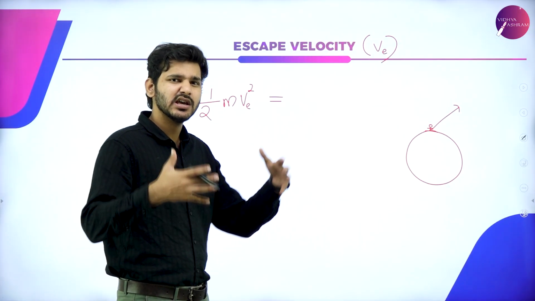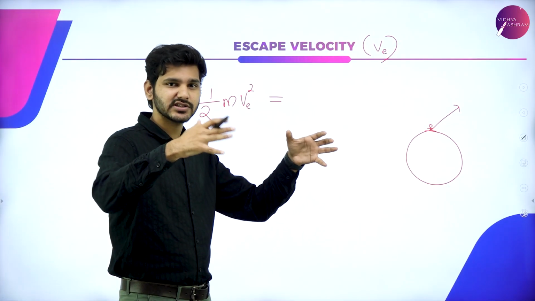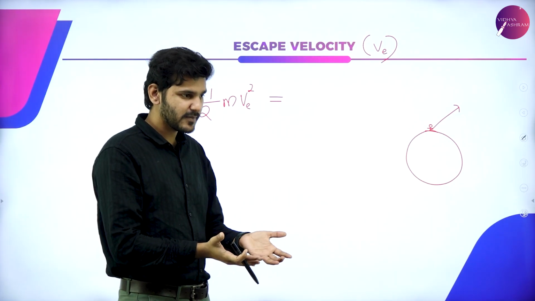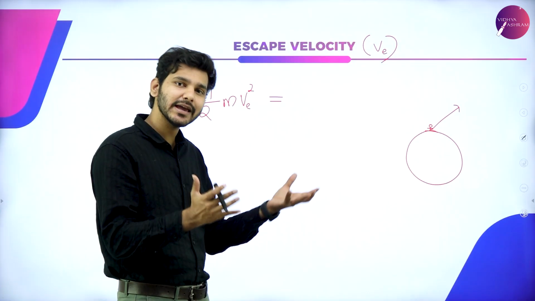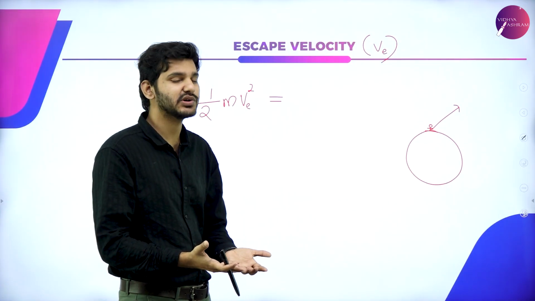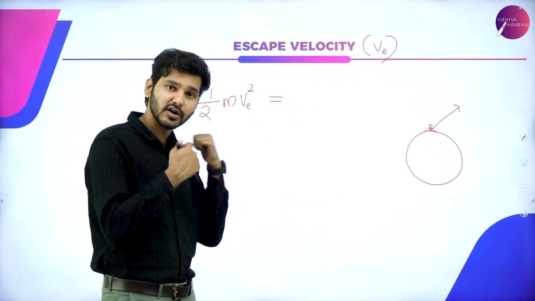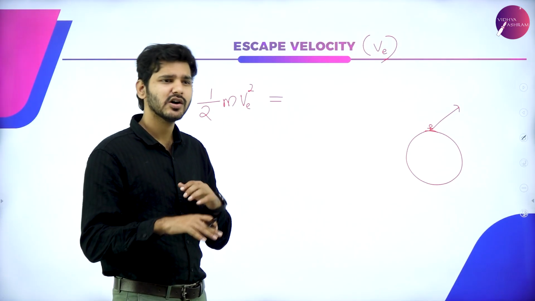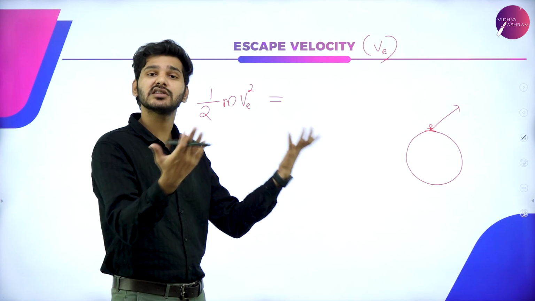That is simply the energy Earth needs to keep us together on this surface, right? The minimum energy we need to escape Earth's gravitational force is known as binding energy. And we just found out what that energy was. That is nothing but potential energy, or simply gravitational potential energy.